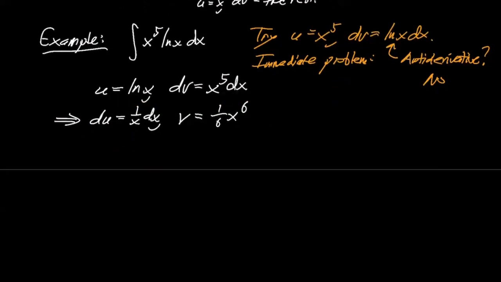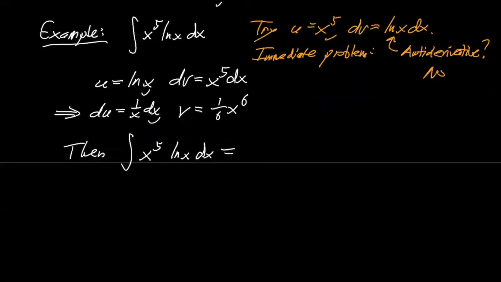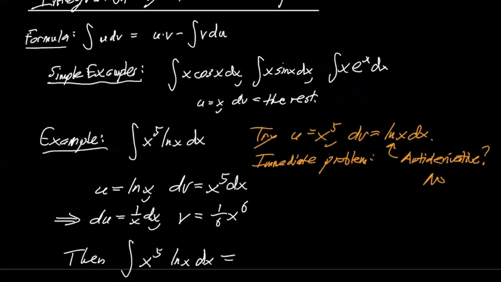Okay, so we can just write this out. Then the integral of x to the fifth times ln of x dx. Well, it's u times v, right? I'm using the formula up here. And so we've written down what u and v are, and then I'm going to do minus the integral of v du.